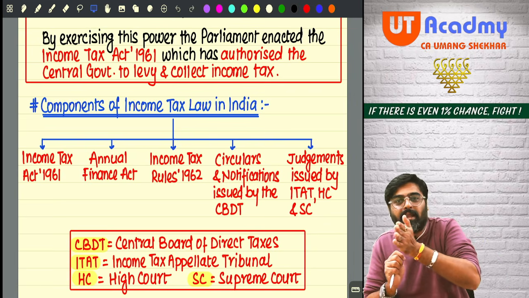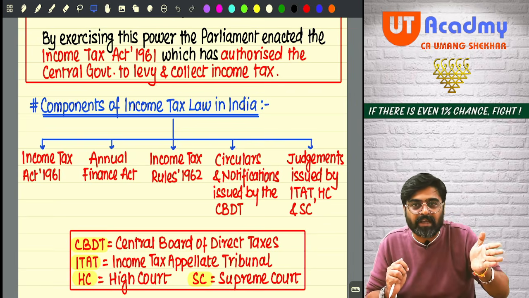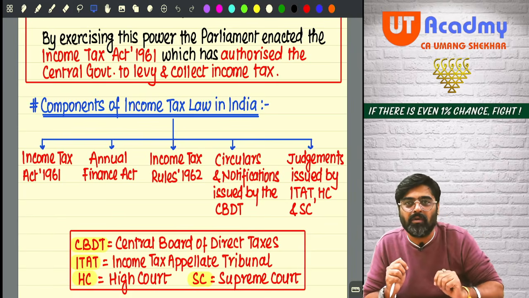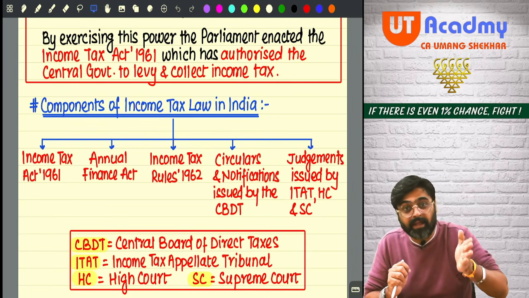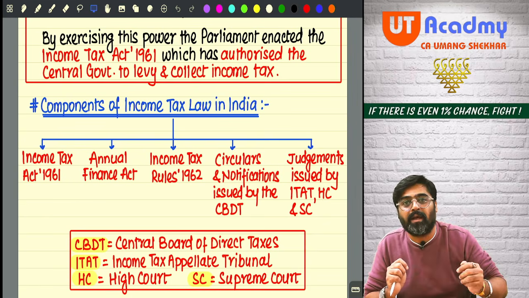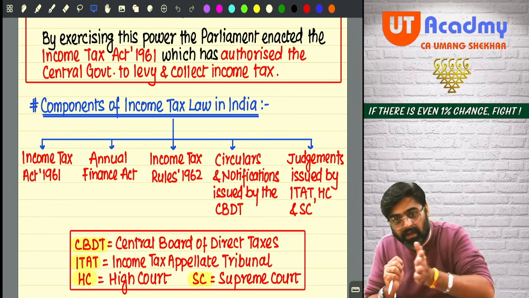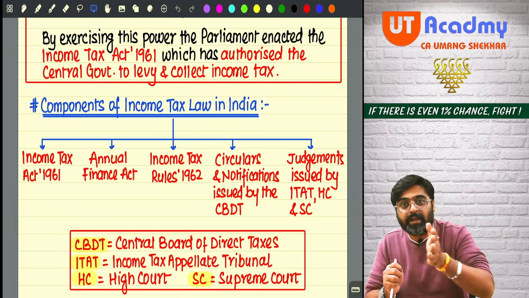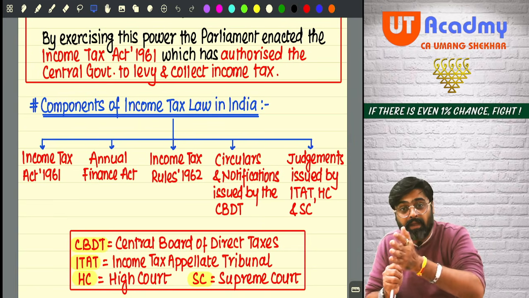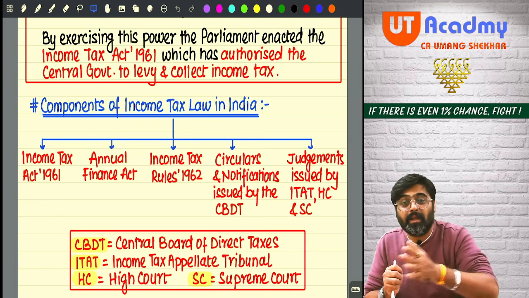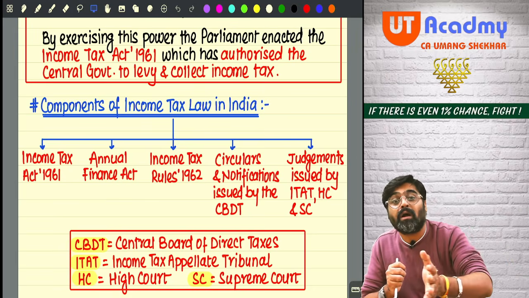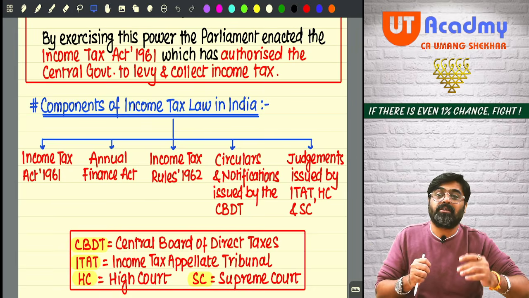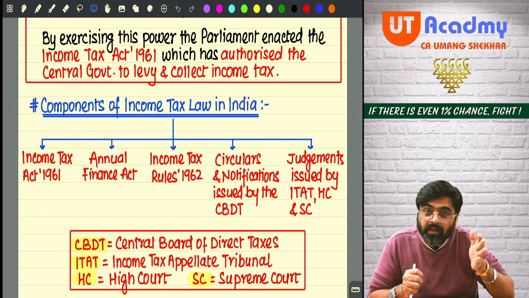After 80, 81 should come, no? After section 80, 81 should come, no? No. After 80, 80A is there, 80B is there, 80C is there, 80CCC, 80CCD, 80CCE, 80D, 80DD, 80DDB, 80E, 80EE. Likewise, there are around 25 to 30 sections between 80 and 81.